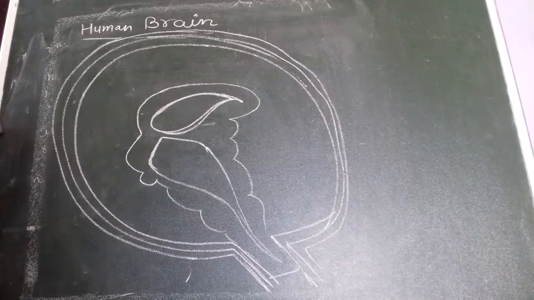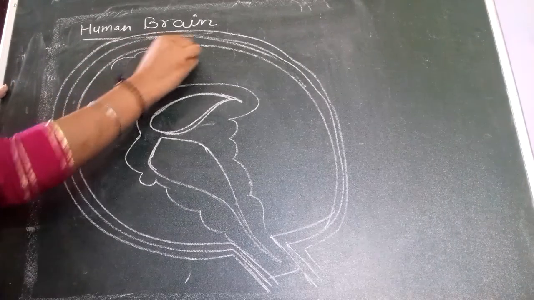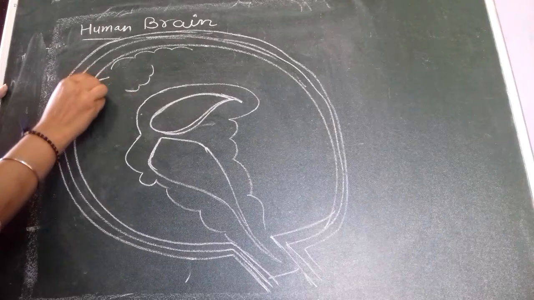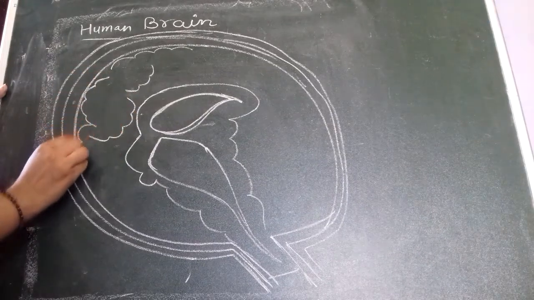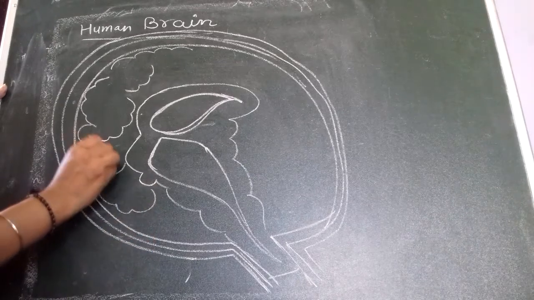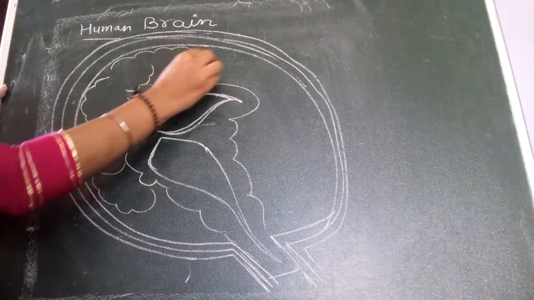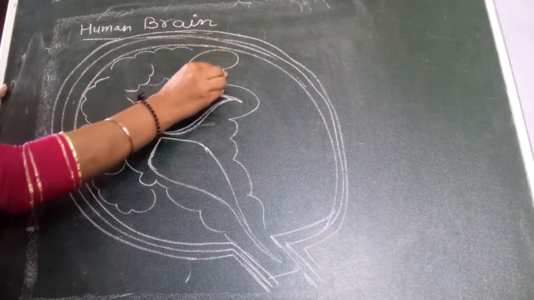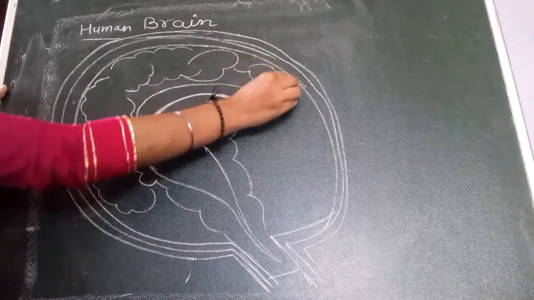Now we will make some clouds in this drawing so that our kite will look good. You can make some cloud-like structures as per your imagination, some round structures.